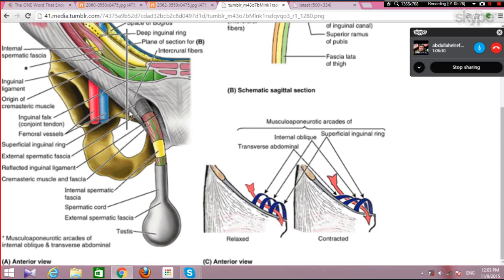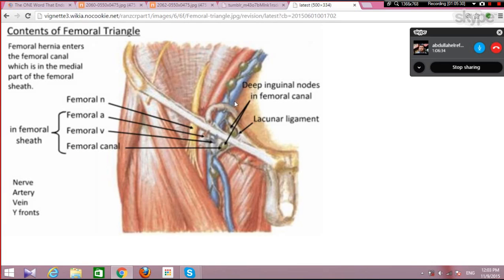What about the inguinal ligament? What is its other name? Poupart's ligament.